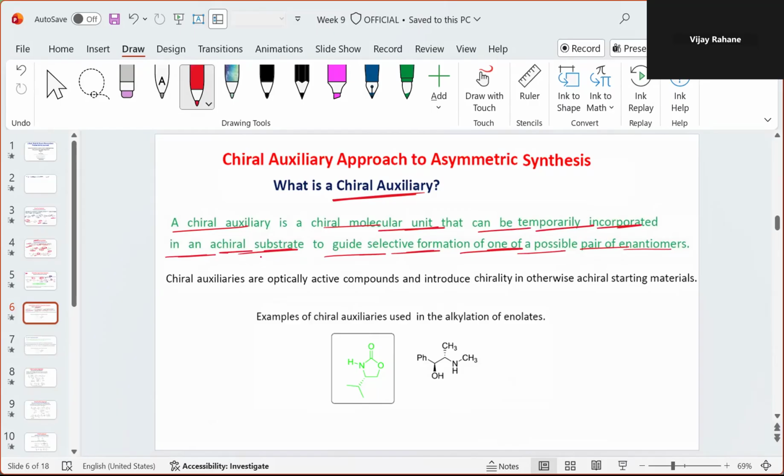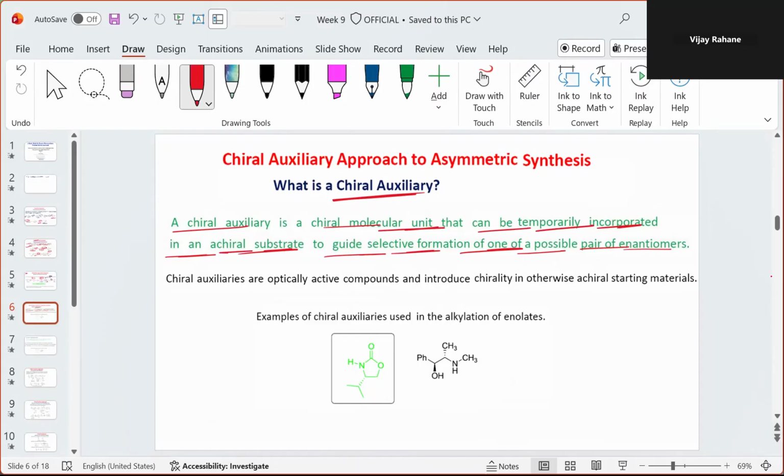Once we add this temporary unit, in the form of a chiral auxiliary, to the chiral substrate, the reaction that we perform on the new substrate with the chiral auxiliary will be governed by the stereochemistry present in the auxiliary part of this compound.